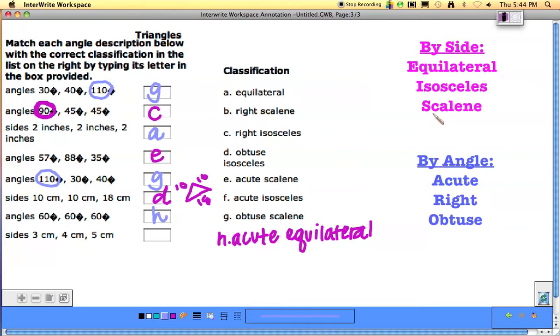Now, this is going to be a little bit more than what you've learned so far in math, but you'll learn next year, or maybe later at the end of this year, that we have this thing called the magic triangle. The magic triangle is a right triangle that has sides that are 3, 4, and then 5. I don't expect you to know this, it's just a little extra information. This is talking about a scalene triangle that is also a right triangle. So that would be letter B.